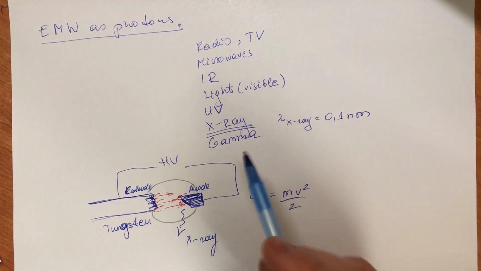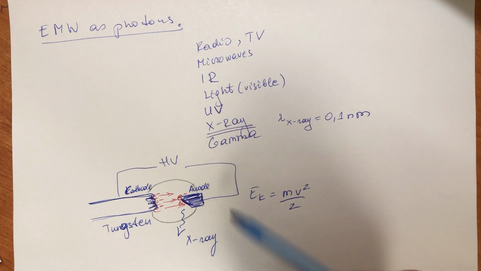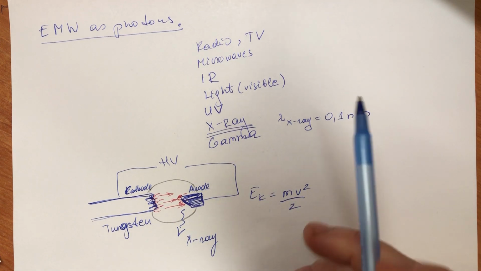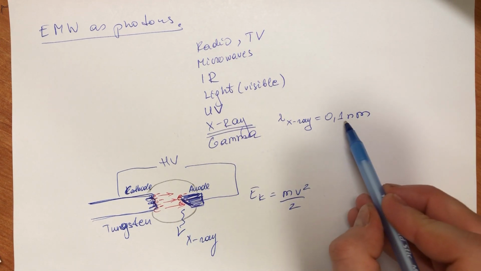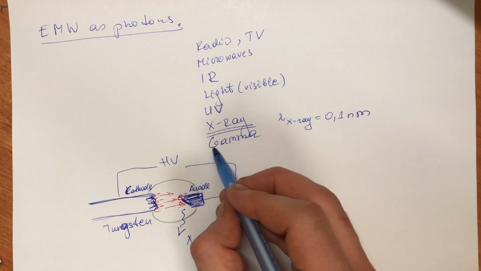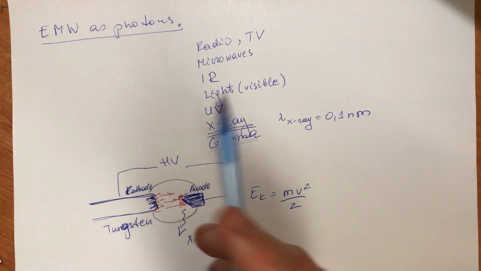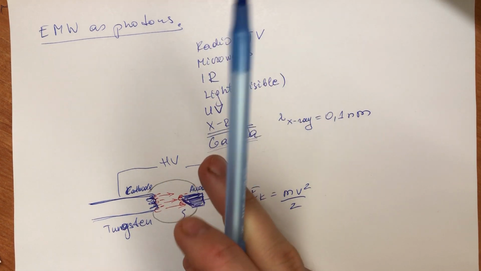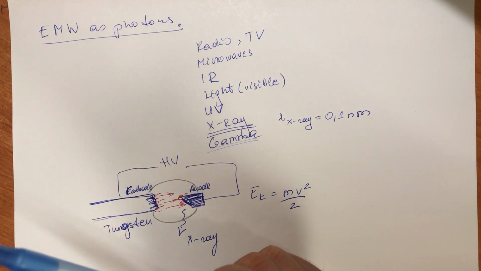So extreme caution must be taken when dealing with these, because when we get to high frequencies, meaning short wavelengths, it is dangerous, and gamma rays are a terrible thing to work with unless extreme caution is taken.